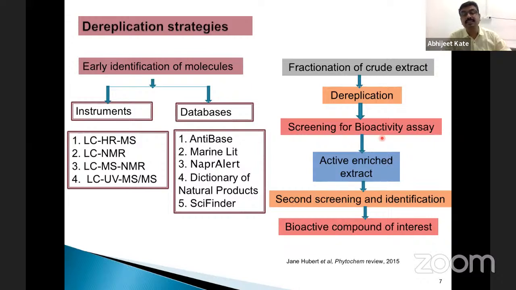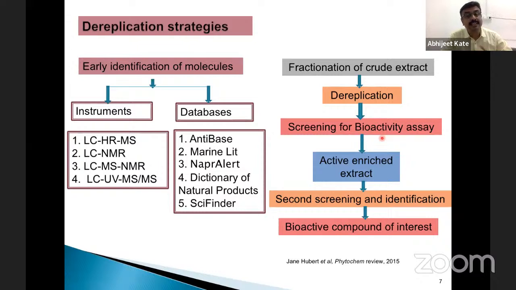So strategy means what we are looking for and how we design our protocol. Suppose I am looking for an anti-cancer molecule from a particular, let's say, fungus. Now I have 100 fungi in my lab. I have screened their secondary metabolites. First of all, I need to know if there is anti-cancer potential or not.